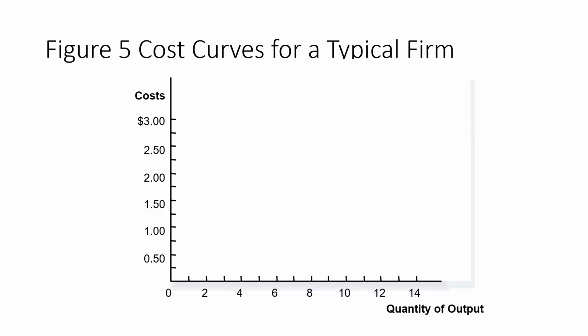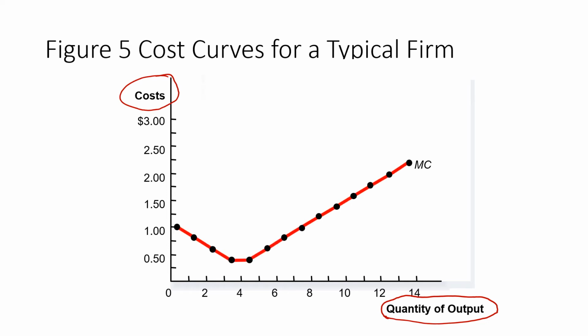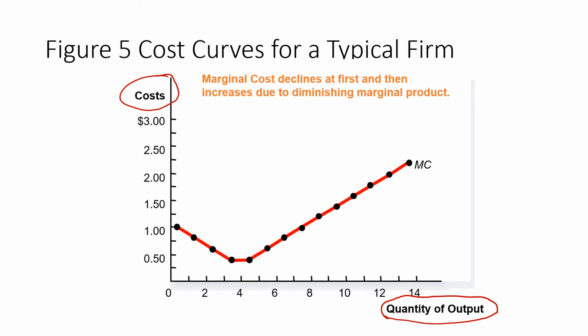Here is the graph, and we have the quantity of output on the x-axis and the cost on the y-axis. Now, what will happen? This is our marginal cost curve, which we know is always increasing.